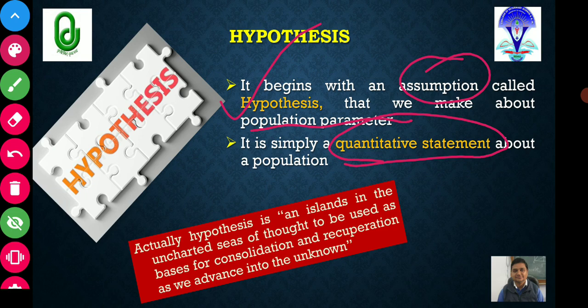That means that if there is complete darkness, or water everywhere, this hypothesis is just like an island where we can rest, consolidate ourselves and recuperate for further advancement into the sea. So this is the definition of a hypothesis. In a nutshell, it is a quantitative statement, an assumption that we are making about the population.